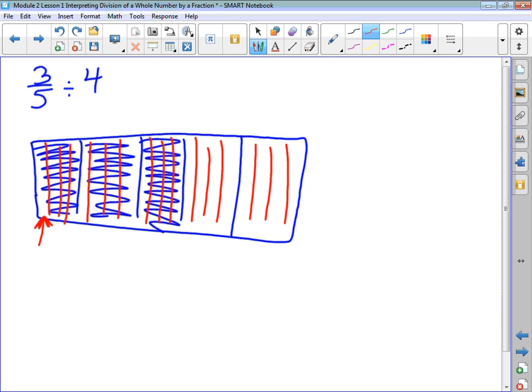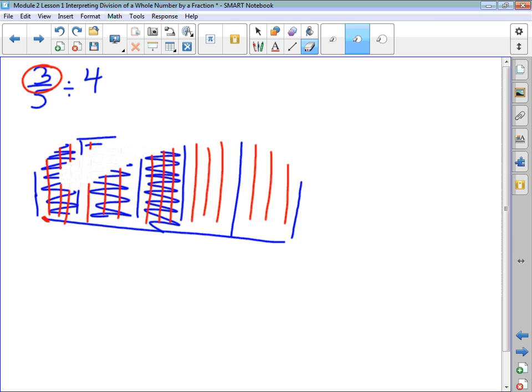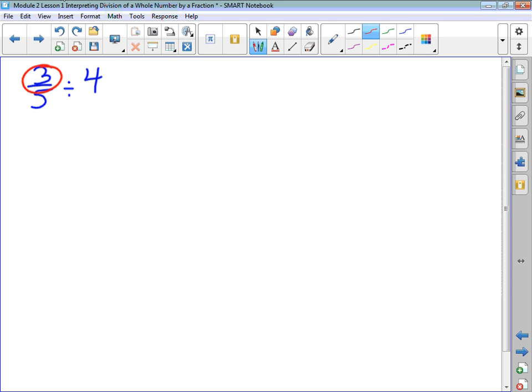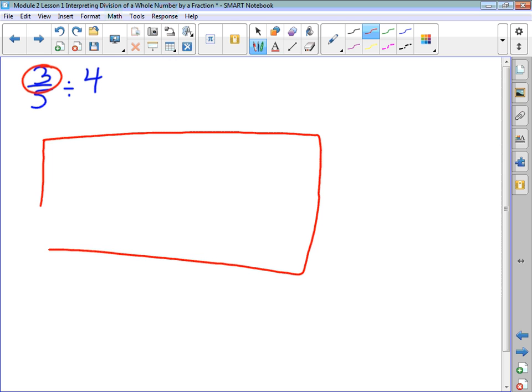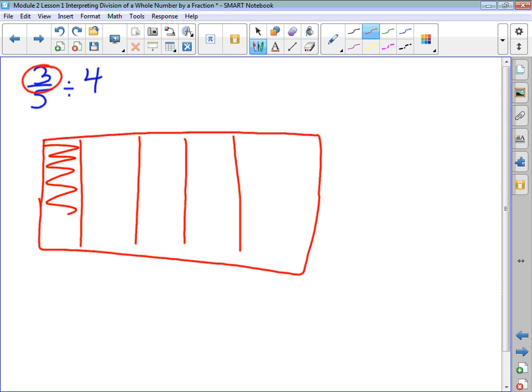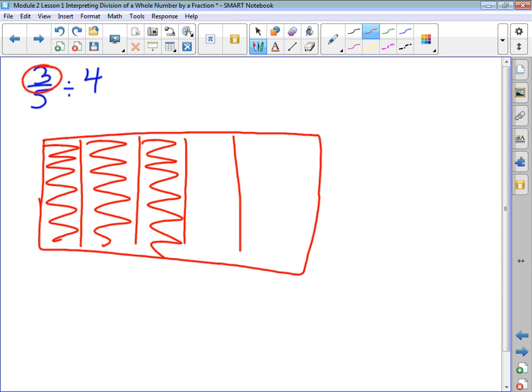We could do it that way. But we're looking at 3/5. We can draw it this way. Now I have my 3/5. We can divide it in 4 like we did originally. Divide it by 4.